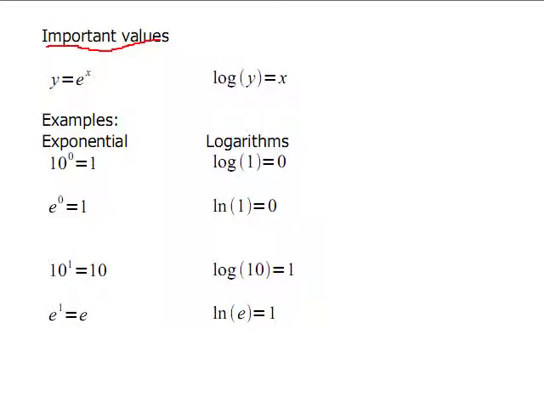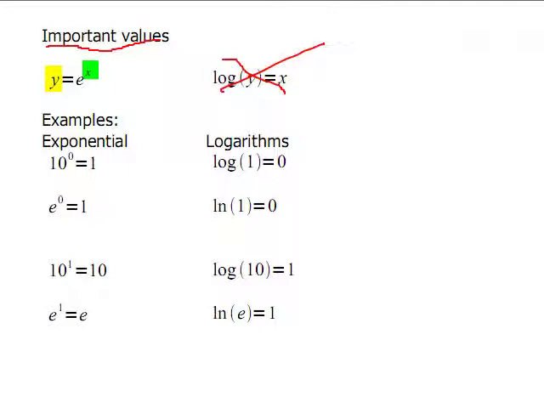Here is the general idea, and here I'm crossing this off because I violated my own spiel about the abbreviations for logs. If I have an equation y equals e to the x, here's the y, that's my answer in this exponential equation involving e to the x.